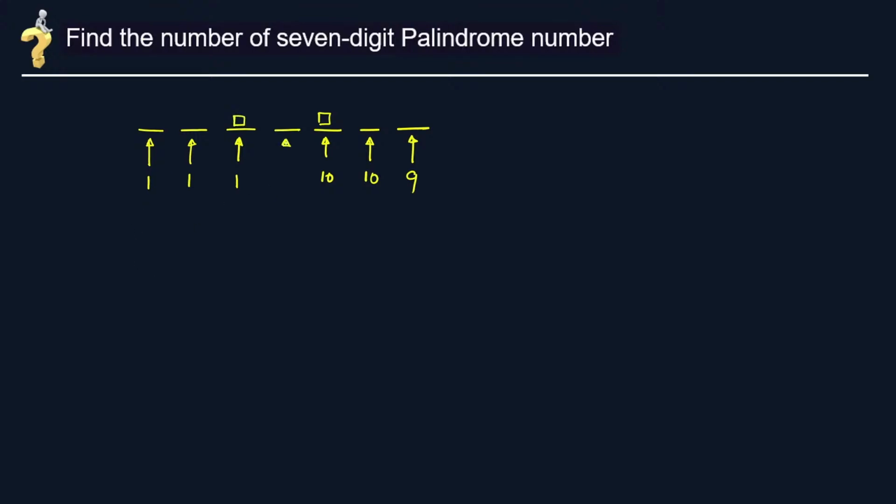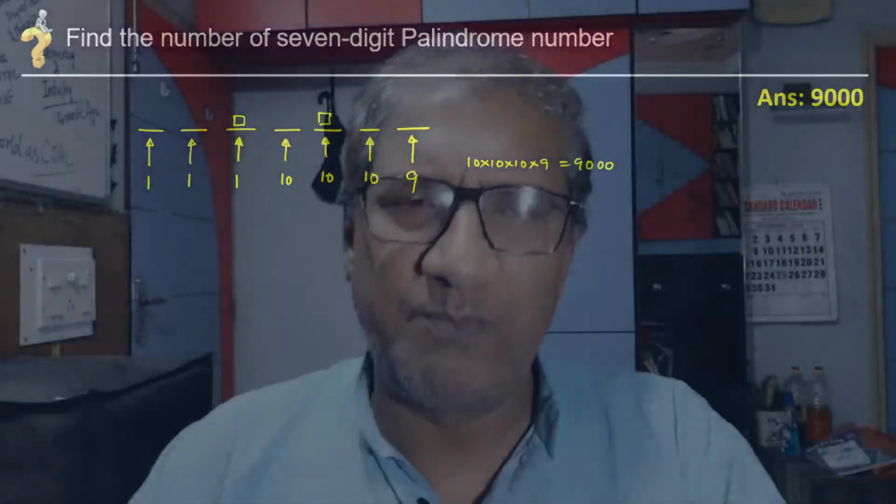Now, this place can be filled in 10 different ways. Therefore, the total number of 7-digit palindrome numbers that can be formed is 10 into 10 into 10 into 9, which again gives us 9,000. Is it clear or not? First I formed an even-digit palindrome number, that is, we found the 8-digit palindrome number.